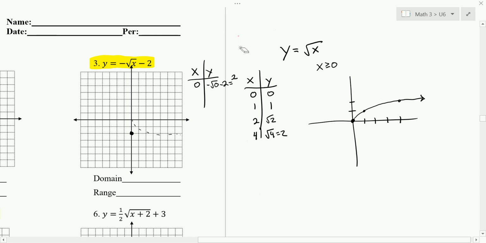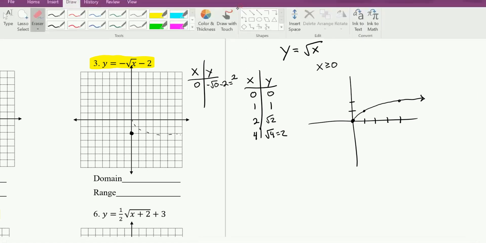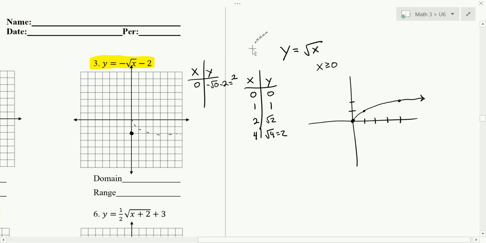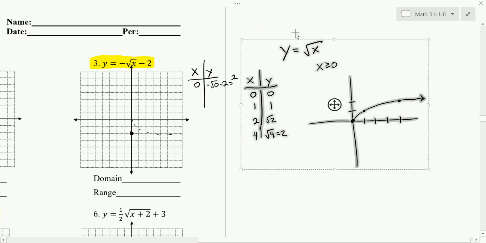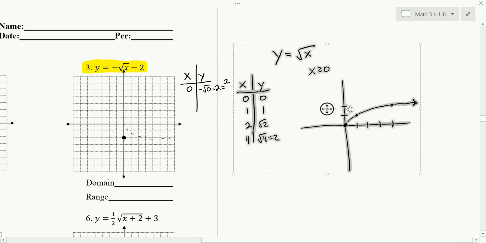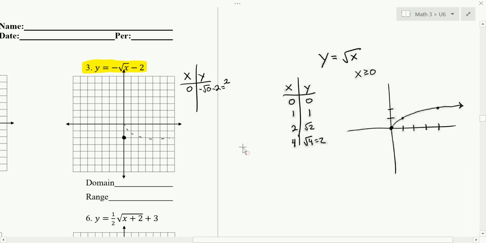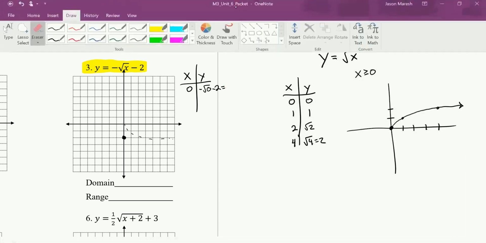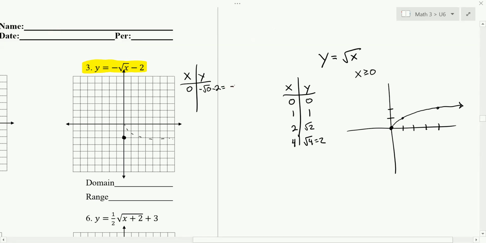Let me get some more space here. If I plug in 1, I get negative square root of 1 minus 2, which is going to be negative 1 minus 2, or negative 3.